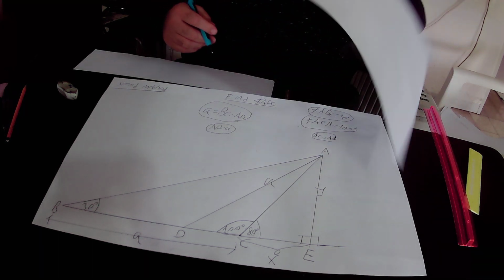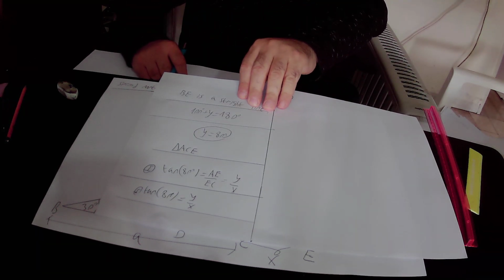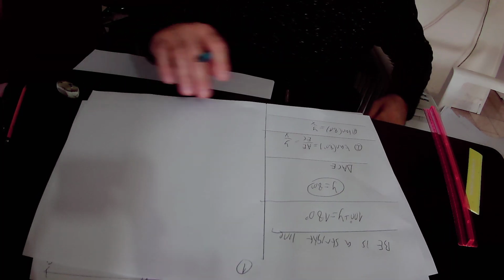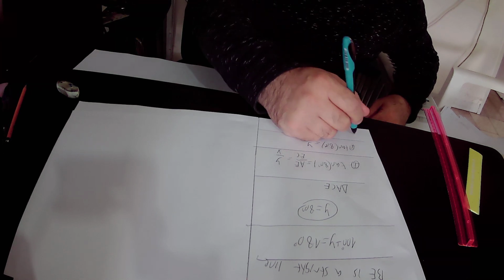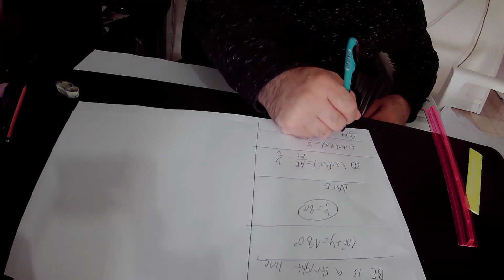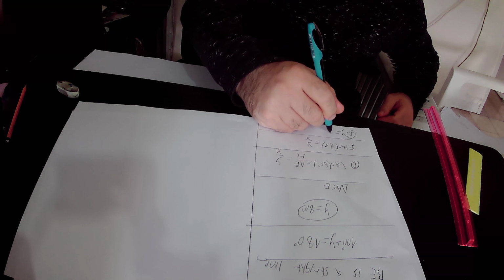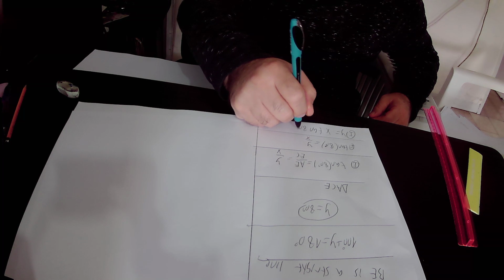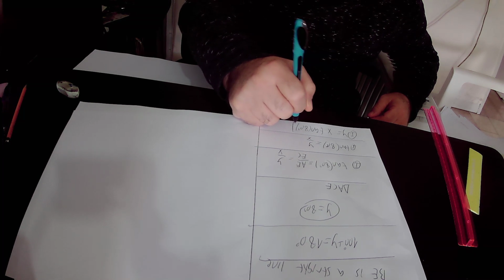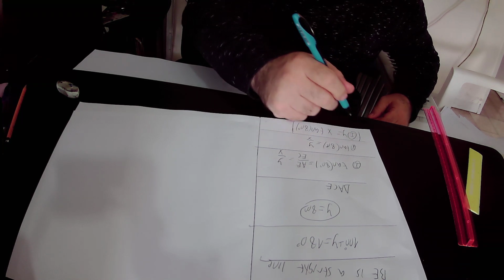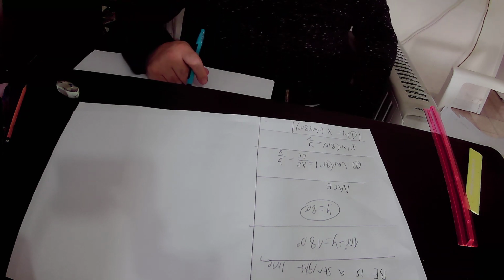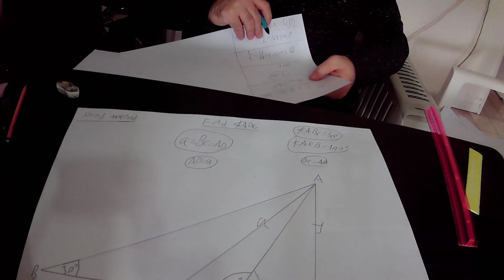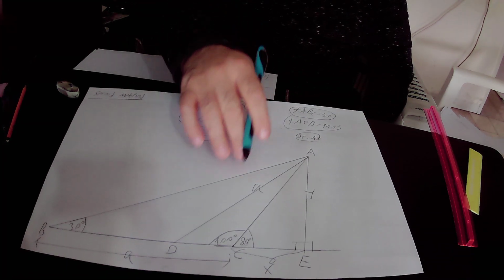So here we will multiply equation number 1 by X, and we will get that Y equals X tangent 80 degrees. So according to equation number 1, Y equals X tangent 80 degrees. In the next step, we will focus on the right triangle ADE.